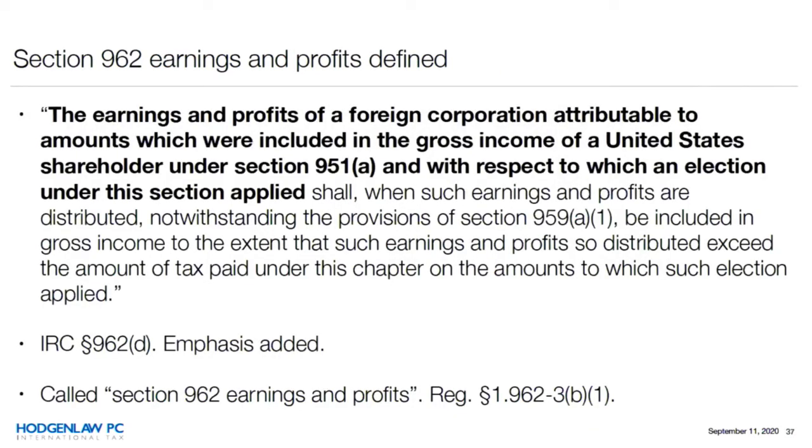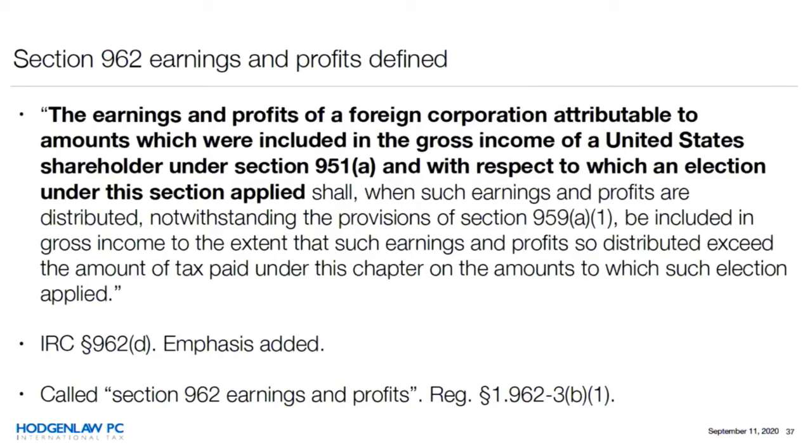The first thing we have to do is figure out the Controlled Foreign Corporation's, quote, Section 962 earnings and profits, close quote. This is the same as regular corporate earnings and profits. It's just earnings and profits that are accrued during a year in which the Section 962 election is made.